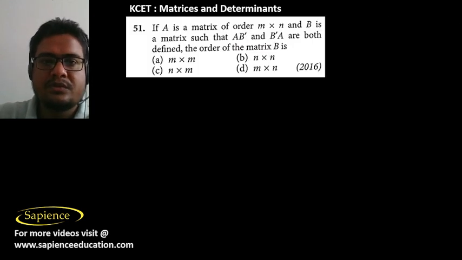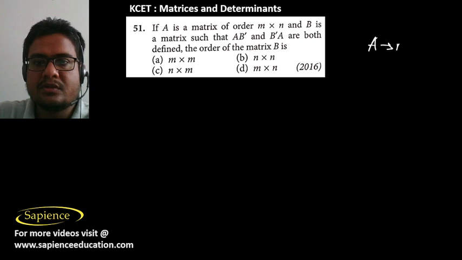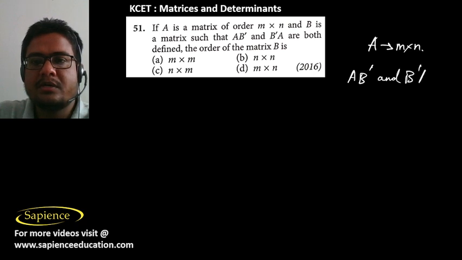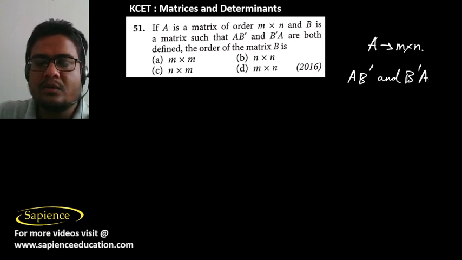Then in question number 51, it is told A is a matrix of the order m cross n, and B is a matrix such that A B transpose and B transpose A are both defined. Then what is the order of the matrix B?